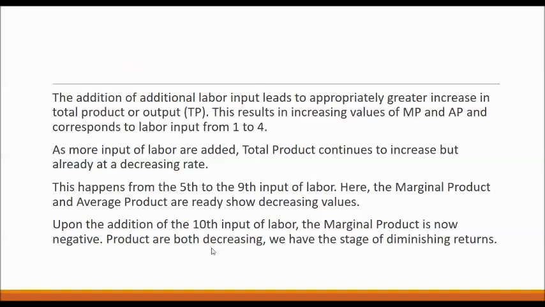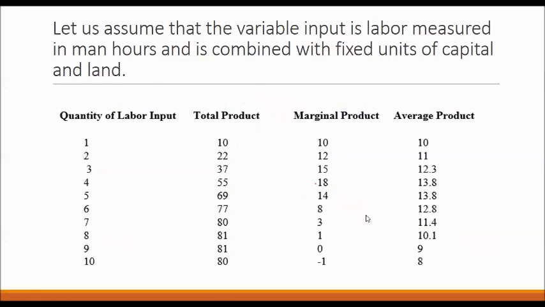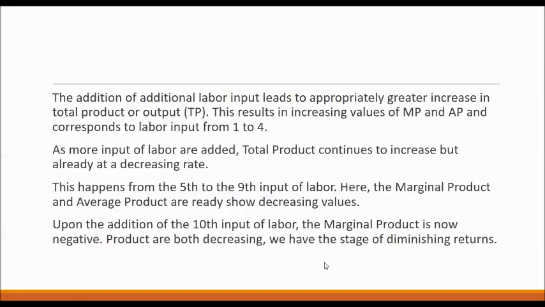That's why if we see here in the marginal and average product, the product is already decreasing, especially as they reach the 10th quantity. There is a negative already in the marginal product, and there is a diminishing of returns.